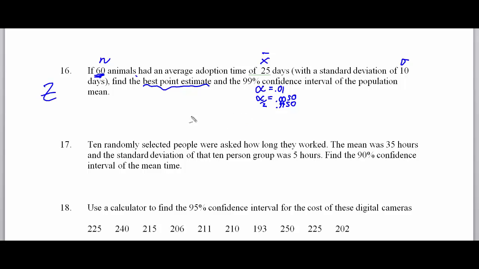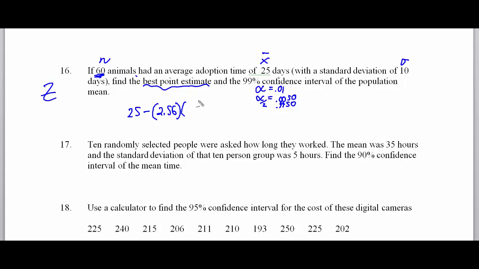Now if you're using your formula sheet and not my formula up above, this is how you would write it. You're going to have your average, which is 25, minus z alpha divided by 2, or 2.58.